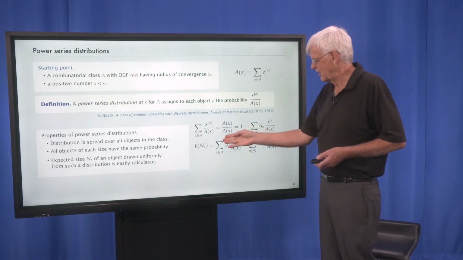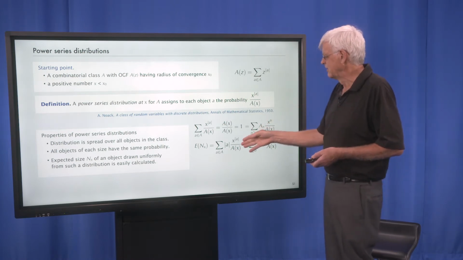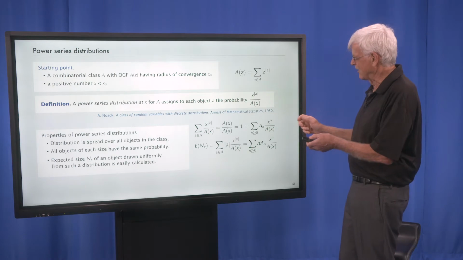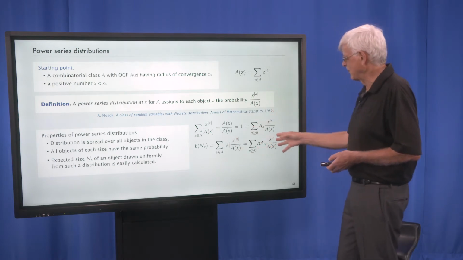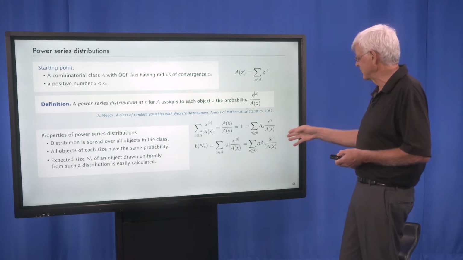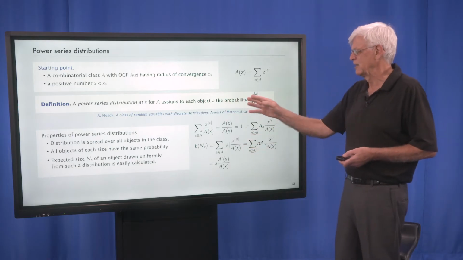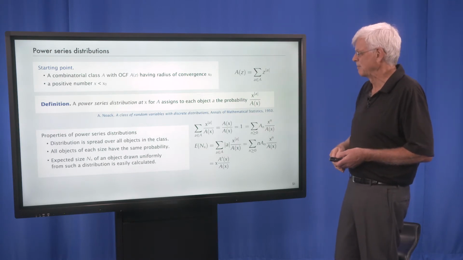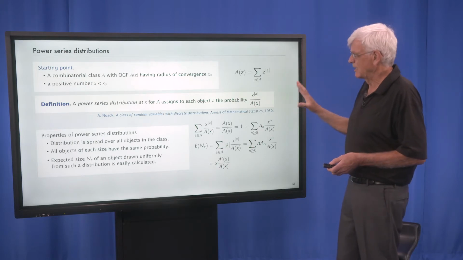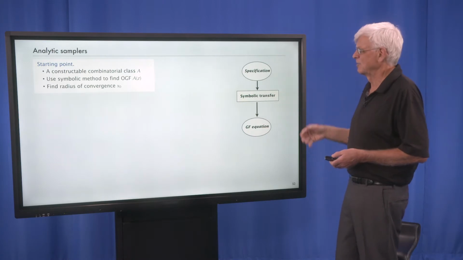So the expected size of an object at x is the sum over all the objects of the size of the object times x to the size over A(x), and then just recalibrate by collecting together everybody of the same size, and we get that simple formula, which is x A'(x) over A(x). So it's easy to calculate the expected size of an object drawn uniformly from a power series distribution. So that's the basic object that we're going to be working with in this section.